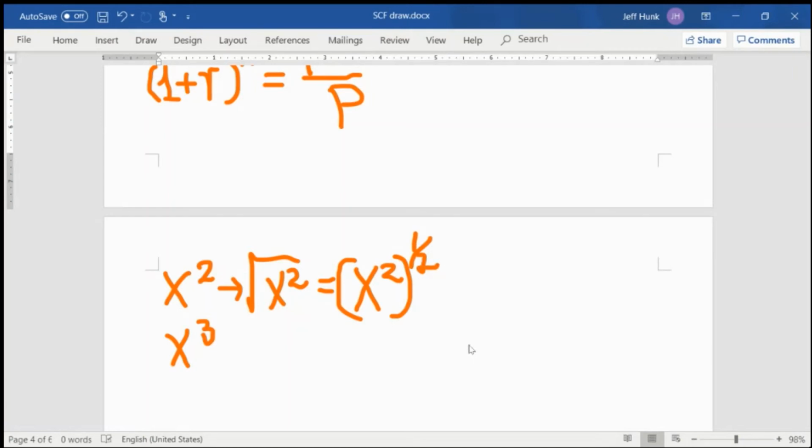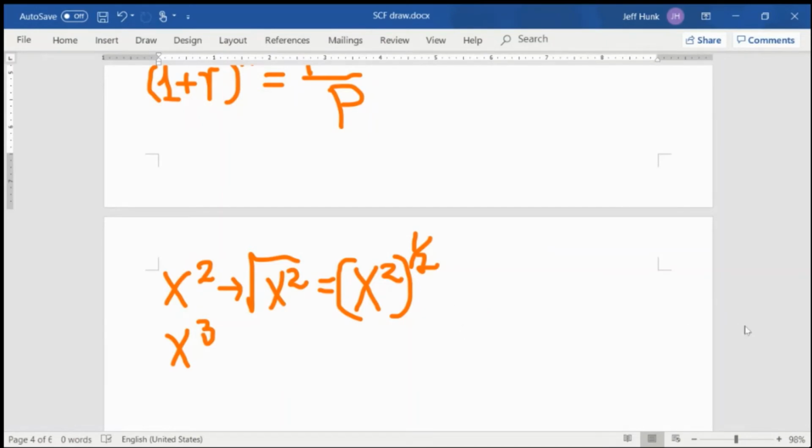Okay, half power is another way of denoting, or meaning, square root.